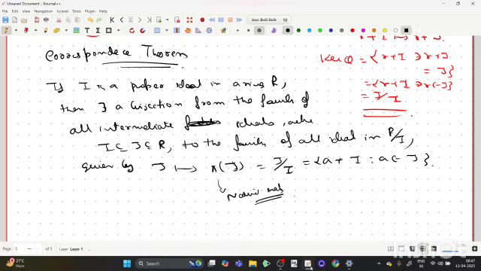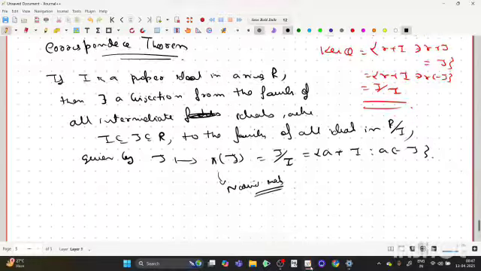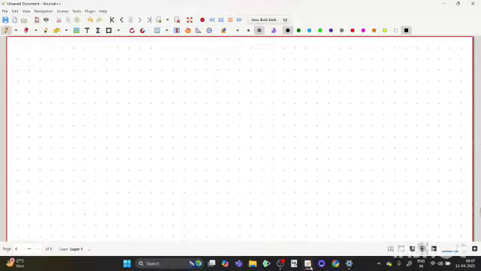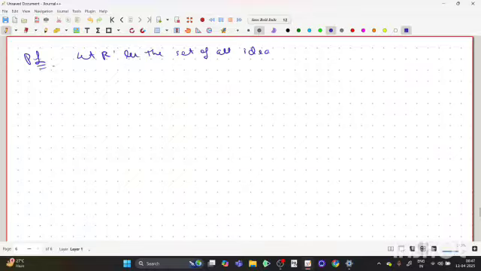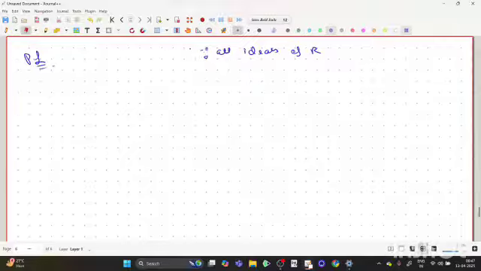So let's give a proof of the correspondence theorem. In fact, we can prove something stronger here.